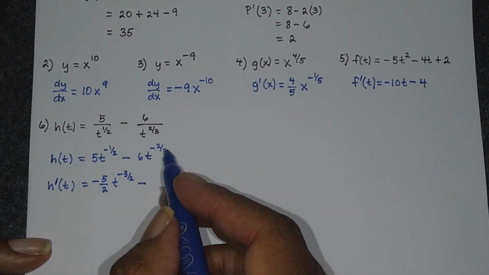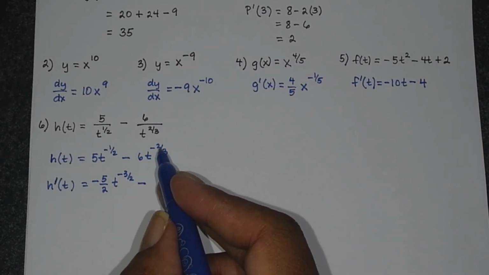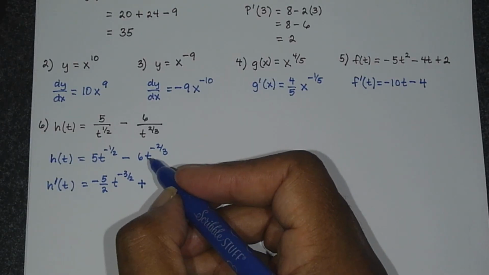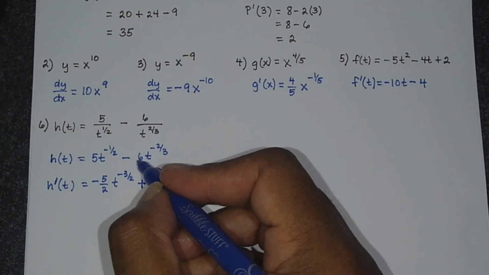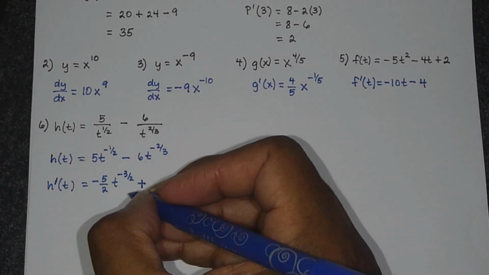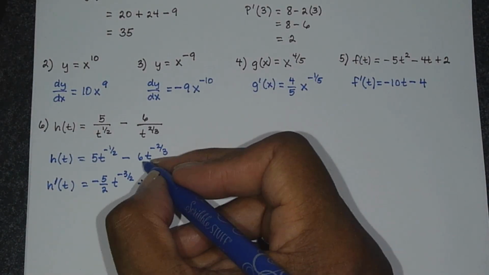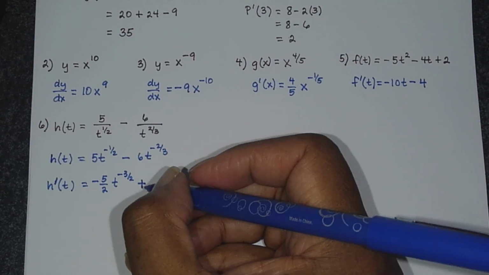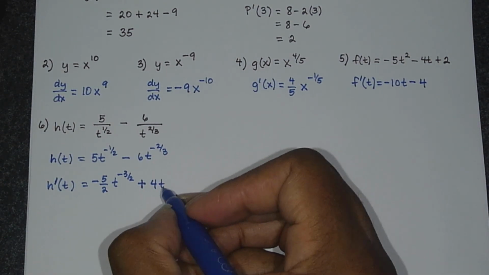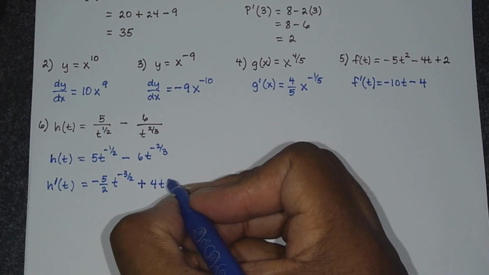And then minus, for the derivative of 6t to the negative 2/3, if I do negative times this negative, that's going to change to a plus. Plus how much? 6 times 2/3. What's 6 times 2/3? 4. Copy the t over to the negative 2/3 minus 1, which will be what?